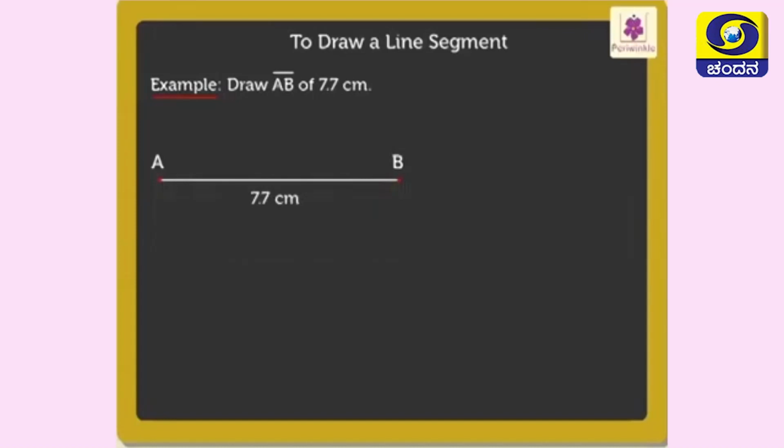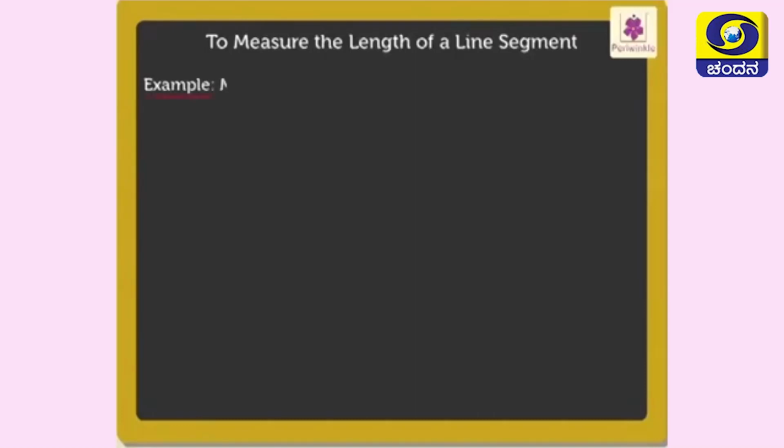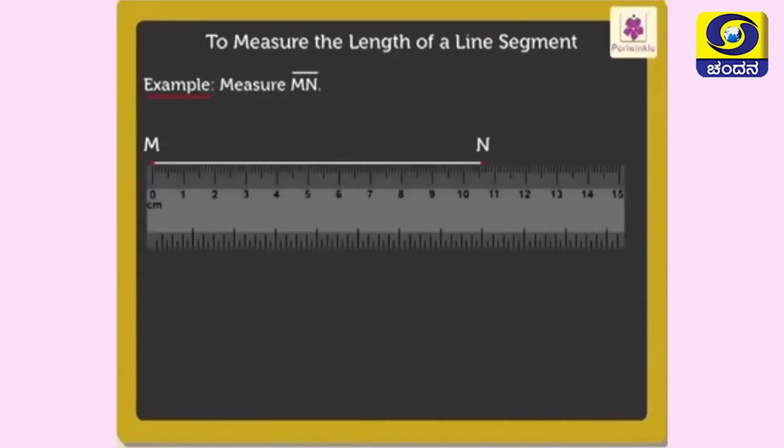After learning how to draw line segments, let us now focus on how we measure the lengths of line segments. Let's measure the length of segment MN. Keep 0 of the ruler at point M. We count forward from 0 to 15.